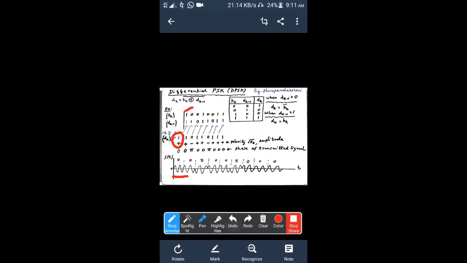Next, your input bit 1 comes, that also has the same kind of waveform. Next, the second bit comes, input is 0. The moment we get 0, the carrier waveform is inverted. Look at that one.